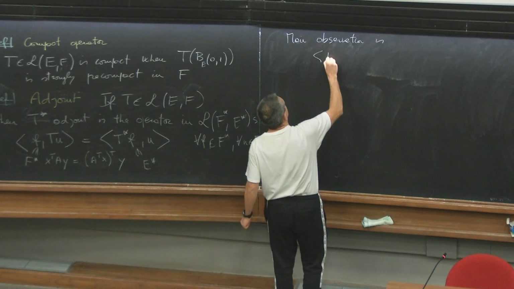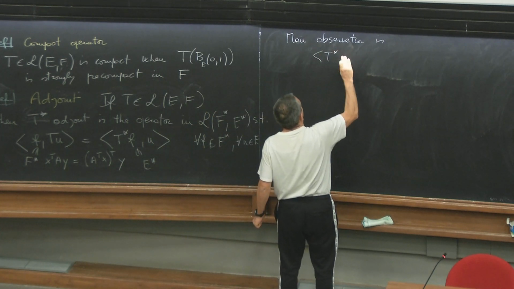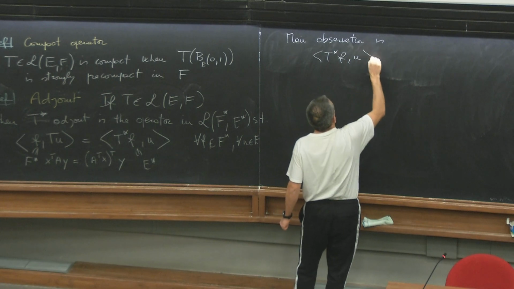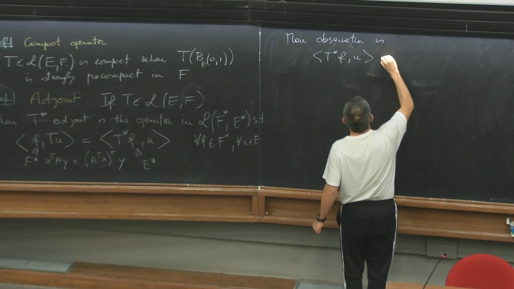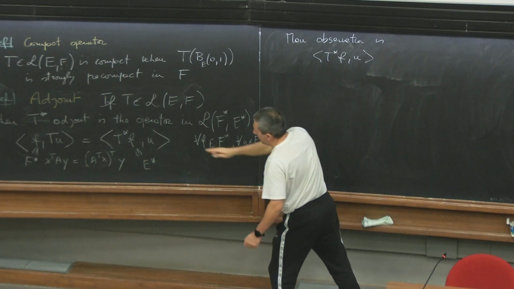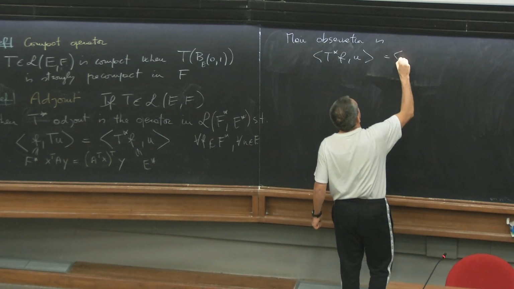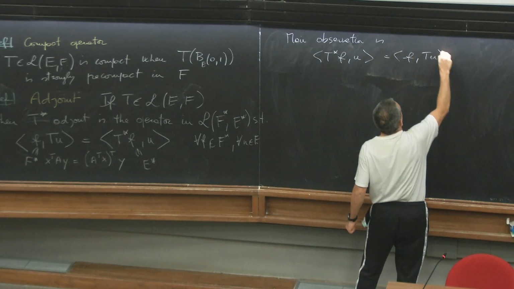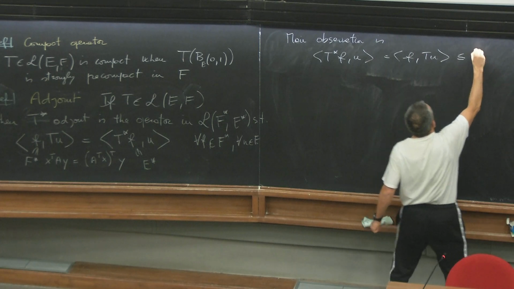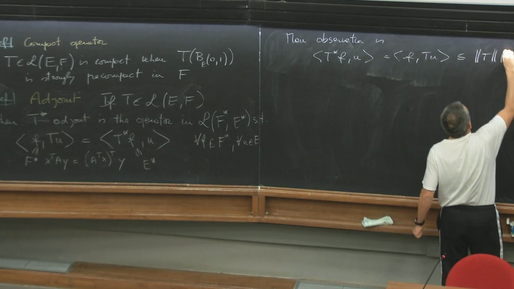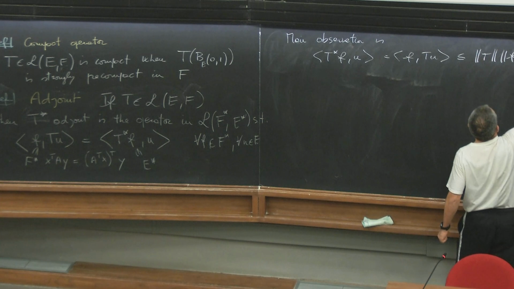So we know that T star f of u, which is equal to f of Tu by definition, is less than or equal to the norm of T, times the norm of f, times the norm of u.